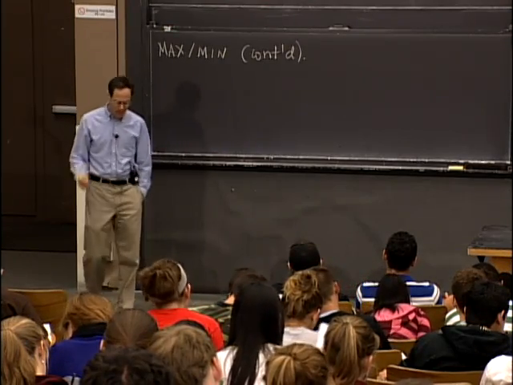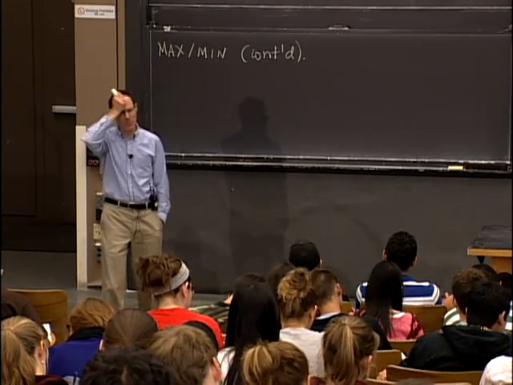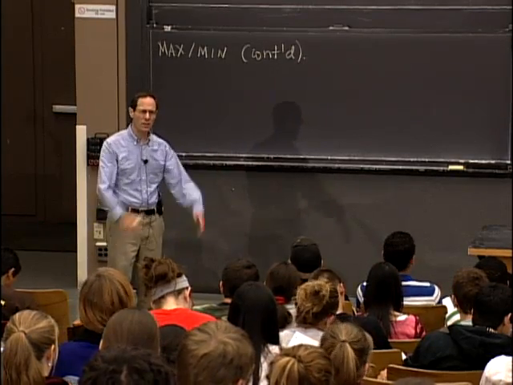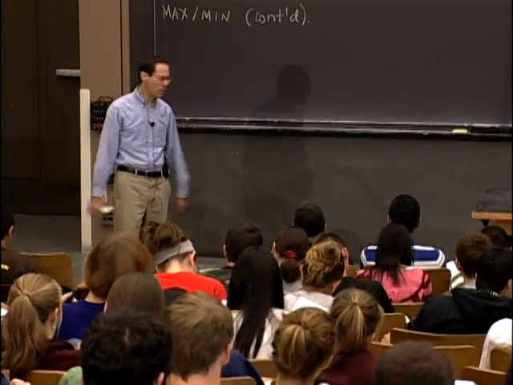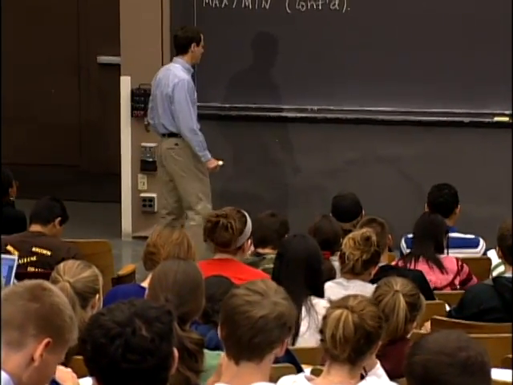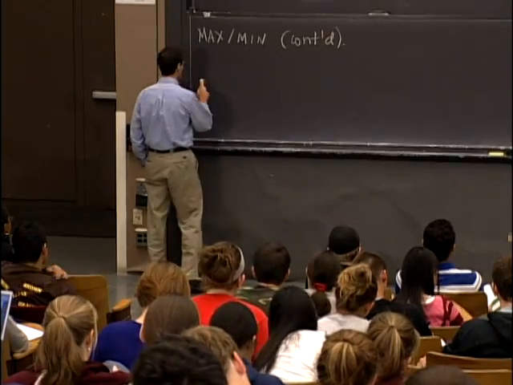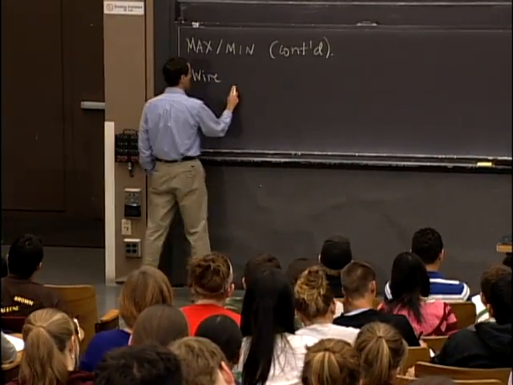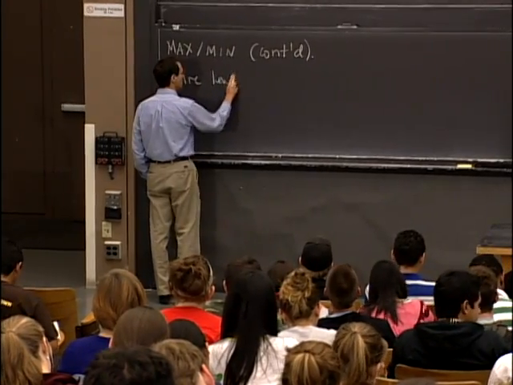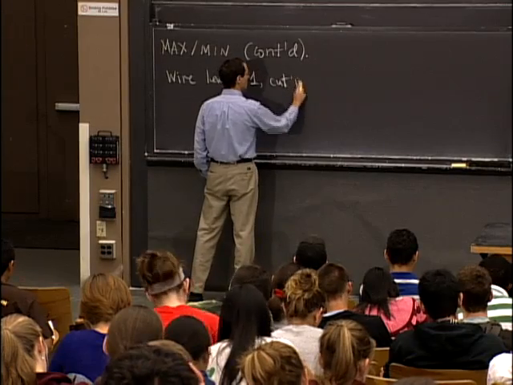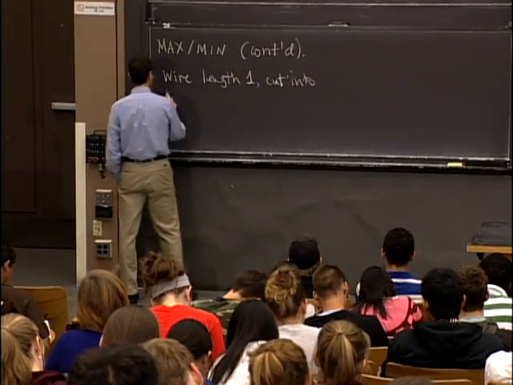So what's the thing about max-min problems? The main thing is that we're asking you to do a little bit more of the interpretation of word problems. Many of the problems are expressed in terms of words. And so in this case, we have a wire, which is length 1, cut into two pieces.